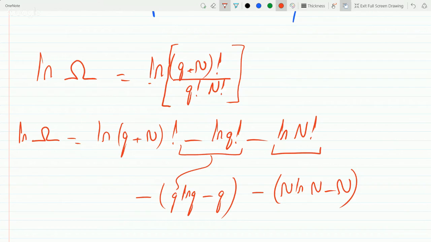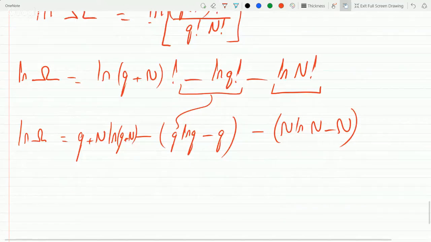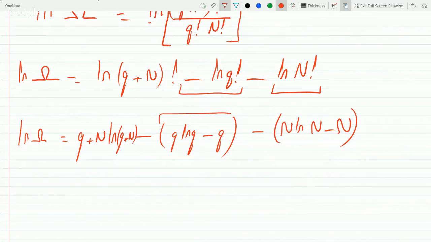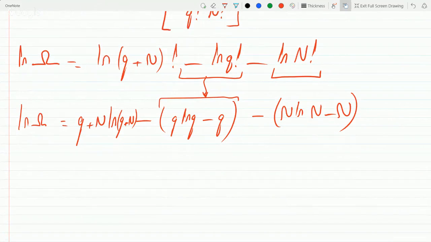And applying the same exact reasoning on the first one, you get (q + N) ln (q + N) minus (q + N).